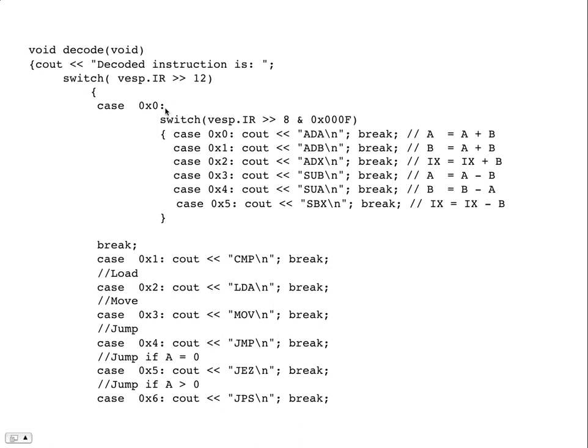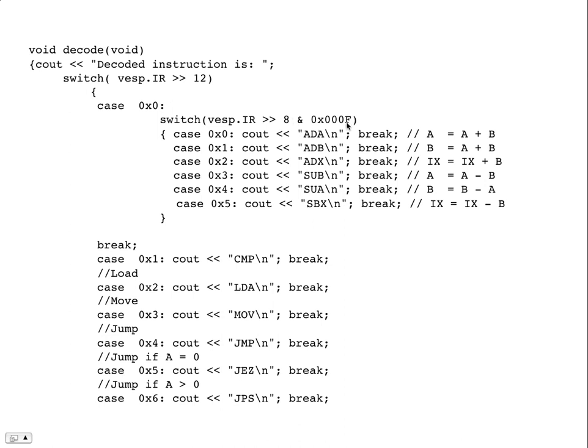As you can see, in the case of 0x0, that's hexadecimal 0, I'm not only looking at the leftmost hexadecimal digit, which this would have given me, but I'm further decoding, as you can see here.